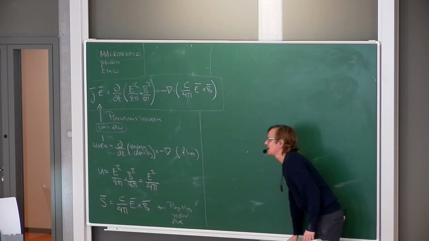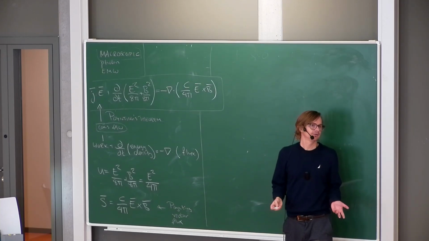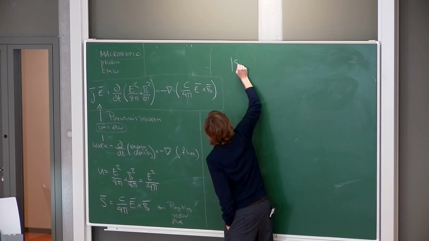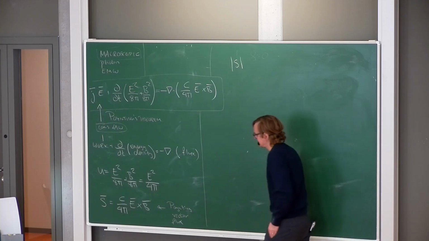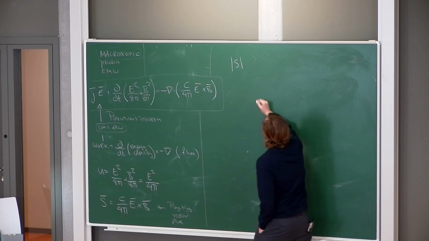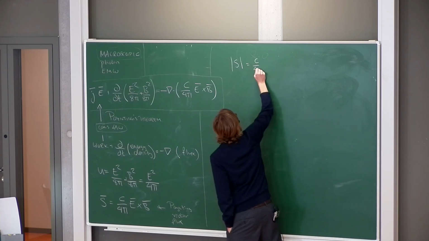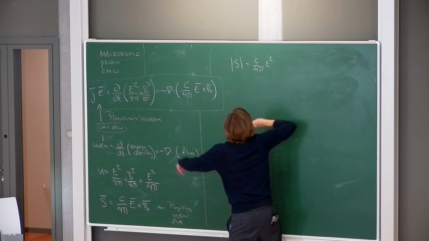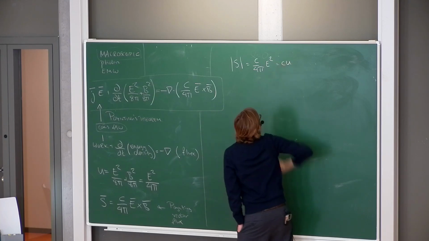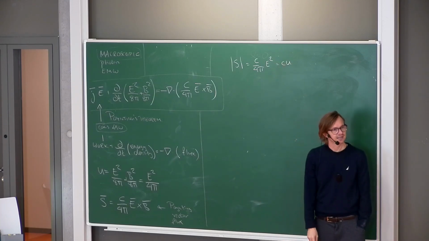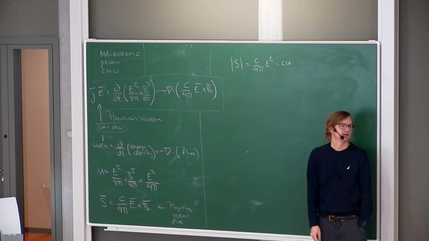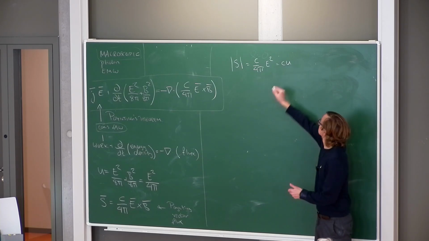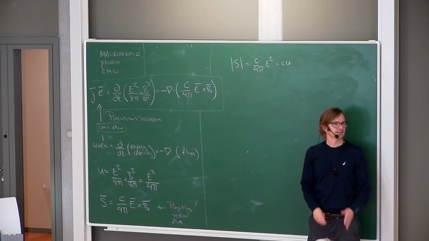Using what we have learned about flux. So first, if we look at the absolute value here, we see that it is directly c divided by 4 pi, right? And then E squared, which in this case is just c times the energy density, yeah? And that in this case makes sense. It is the speed times the energy density.